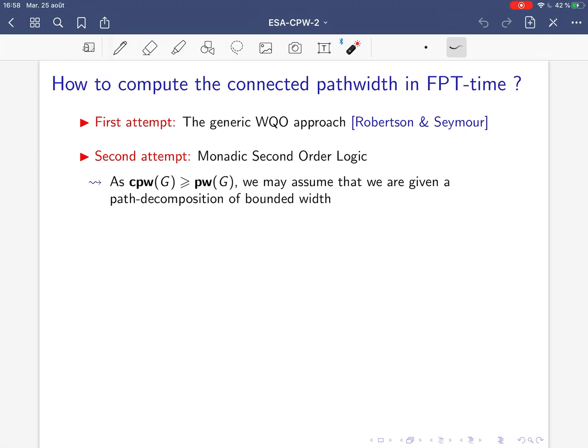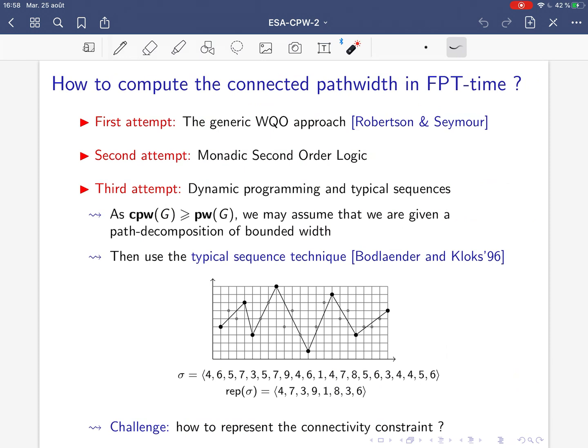Unfortunately, we don't have a solution for this yet. So the third attempt is the standard dynamic programming approach, using the typical sequences that were introduced by Bodlaender and Kloks in 1996 in their paper to decide whether the path width is at most some w.